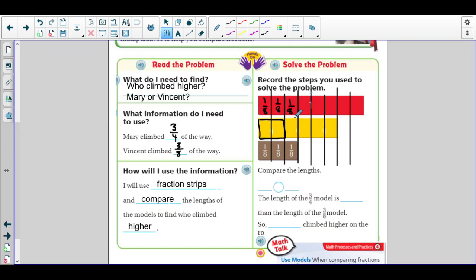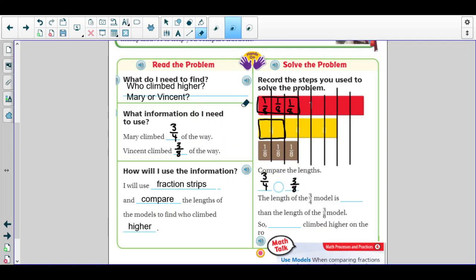And so looking right here, 3/8, okay, or this right here, is actually shorter or less than these comparisons. So let's go ahead and take this right here, this 3/4, and take this 3/8 and compare them.